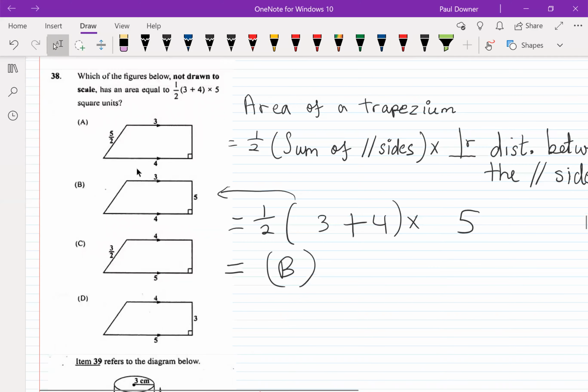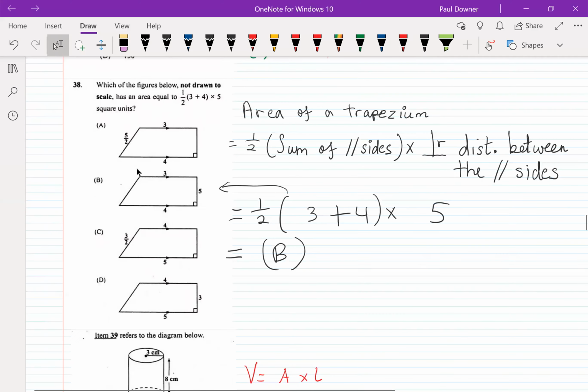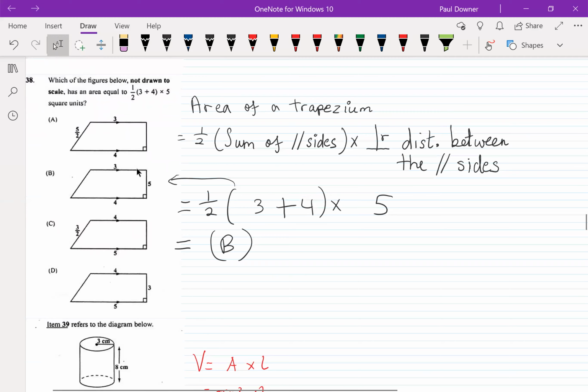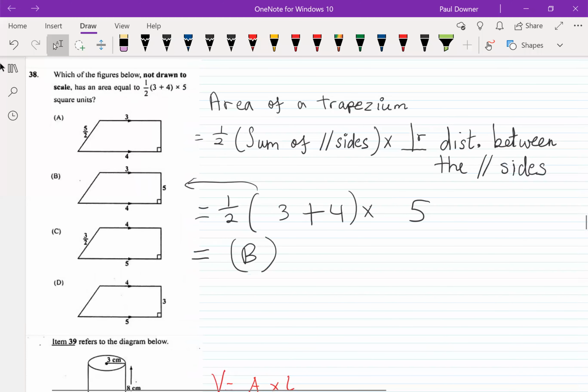In number 38, they ask a question. They say, which of the figures below, not drawn to scale, has an area equal to half times 3 plus 4 times 5 square units? Okay, so what we do is we recall the area of a trapezium. Now, in words, the area of a trapezium is this.